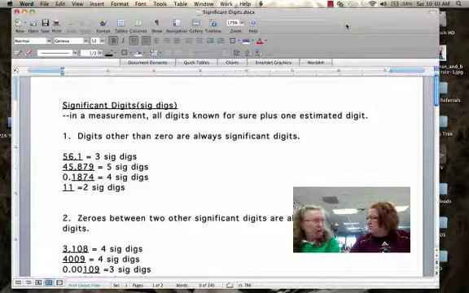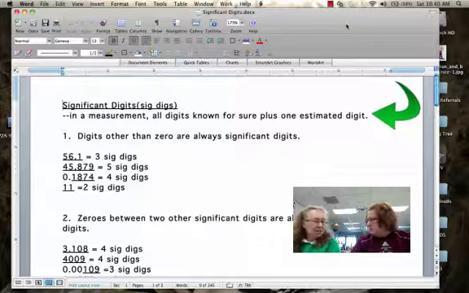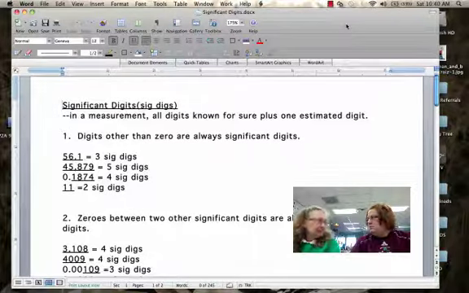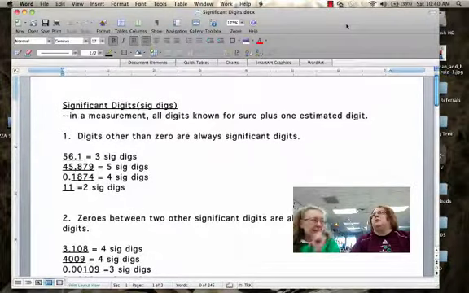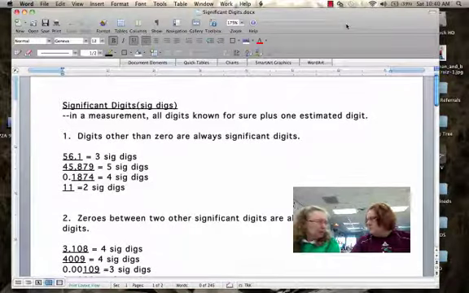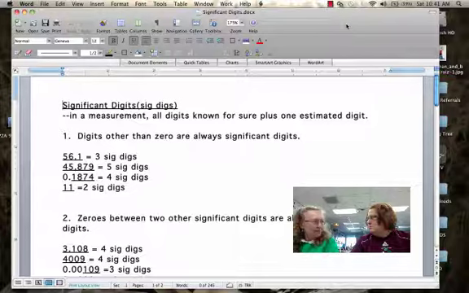Significant digits are all the digits that you know for sure, plus one estimated digit. For example, on a typical meter stick, if we measured the width of a piece of paper, it would be about 21.54 centimeters.